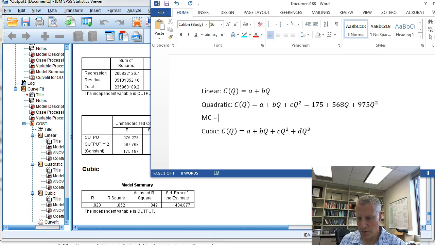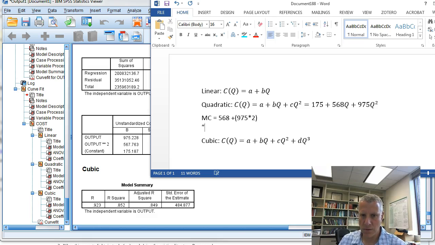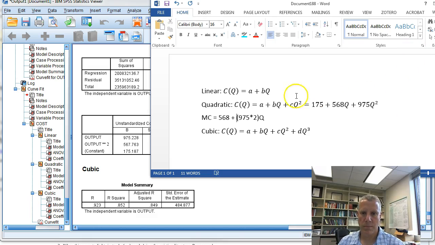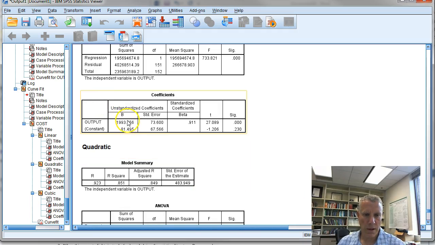So the marginal cost equals 568 plus 975 times 2, and all of that times Q. And with the linear functional form, the marginal cost is equal to B. So that would be 1994.